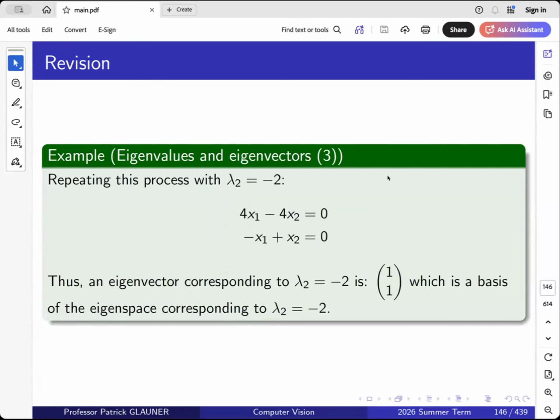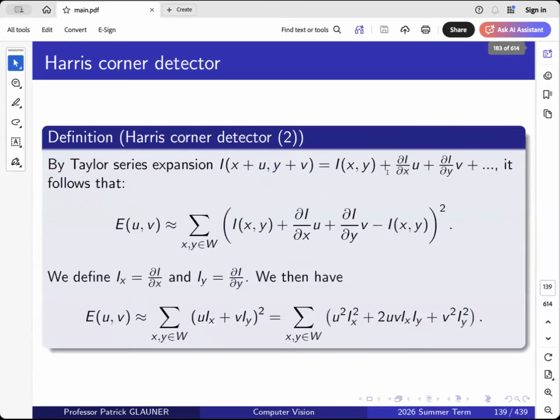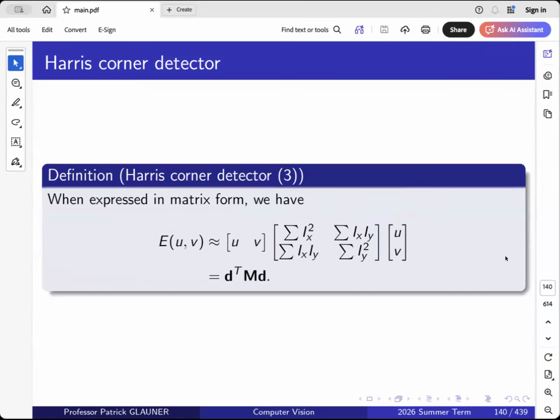Now, why do we need this for the Harris corner detector? If we go back to the Harris corner detector, we used the Taylor expansion to get to this one. We canceled out the Ix and we rewrote this squared error and then re-expressed the squared error as this product of two vectors, a row and a column vector, and a matrix.